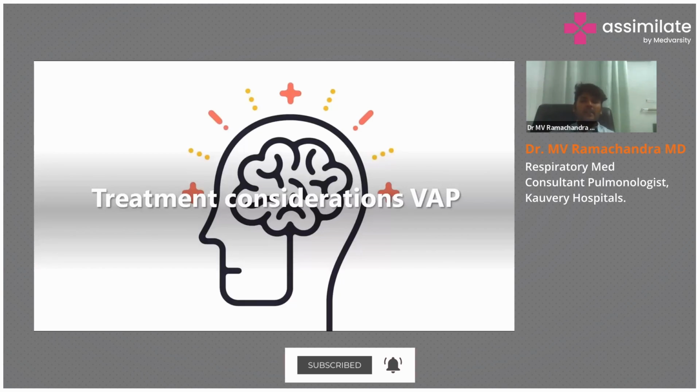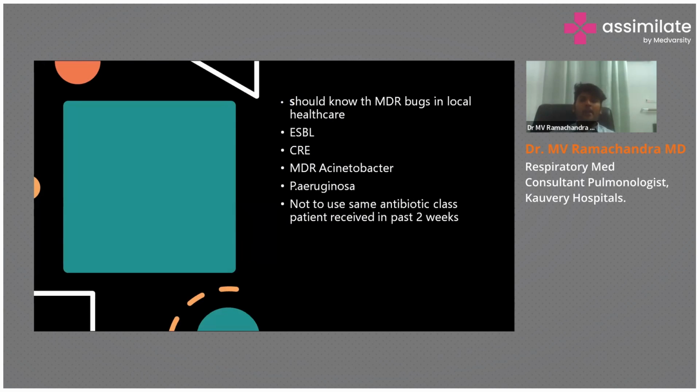VAP treatment considerations are a little bit similar to HAP, but something is added here. MDR bugs usually differ in VAP, like ESBL. ESBL is extended spectrum beta-lactamase producing Enterobacteriaceae. Enterobacter is a very notorious bug, which is usually harbored in the pharyngeal secretions.